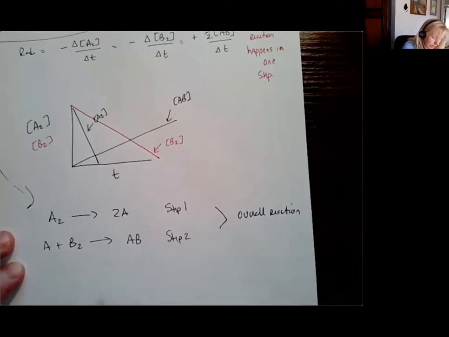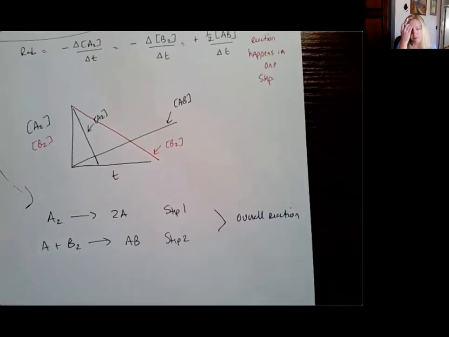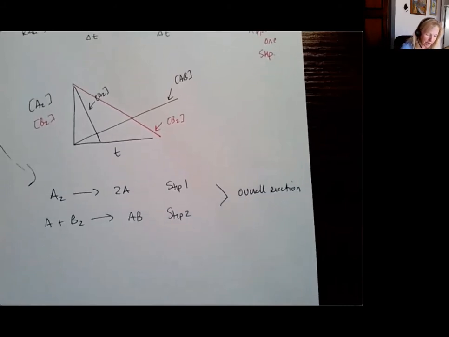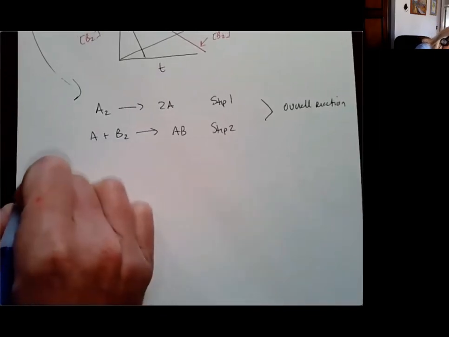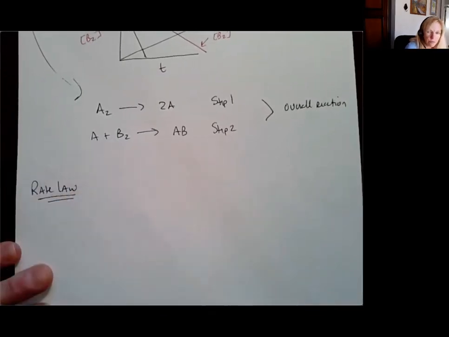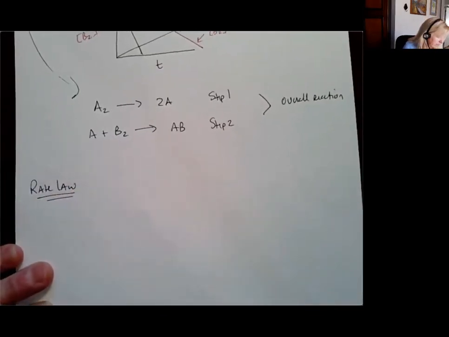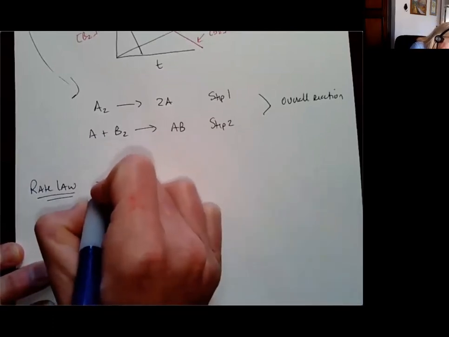So now if I look at A2, A2 is not going to give me a realistic idea of what's happening in that chemical reaction. And so a rate expression is not going to help me here. So I'm going to look at a mathematical relationship. That is what we call the rate law. And rate law rules over rate expression anytime. This is a mathematical relationship.